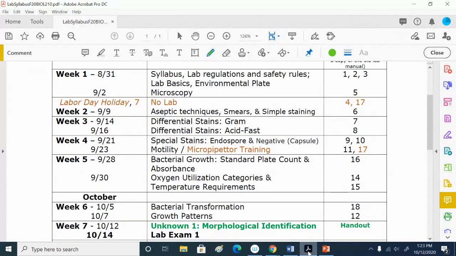Staphylococcus aureus. Yep, Staphylococcus aureus, Enterococcus faecalis. What about some gram-positive rods? Bacillus cereus. All right, so something like Bacillus cereus or Bacillus subtilis. Gram-negative rods?